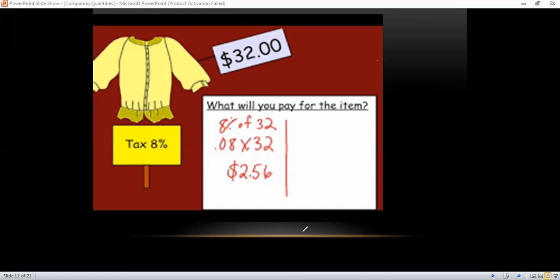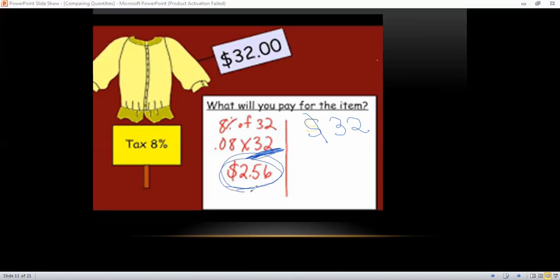So here you have seen that the price of the dress is $32. Now this 2.56 is the value of the tax.